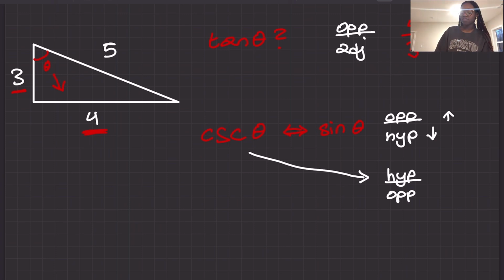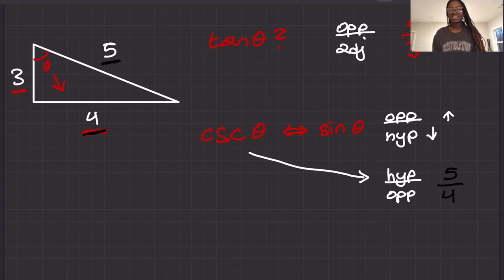So we now have hypotenuse on top of opposite because cosecant is the opposite of sine. So we now find the hypotenuse, which is 5, and we find the opposite, which is 4. And our answer is going to be hypotenuse over opposite, 5 over 4.